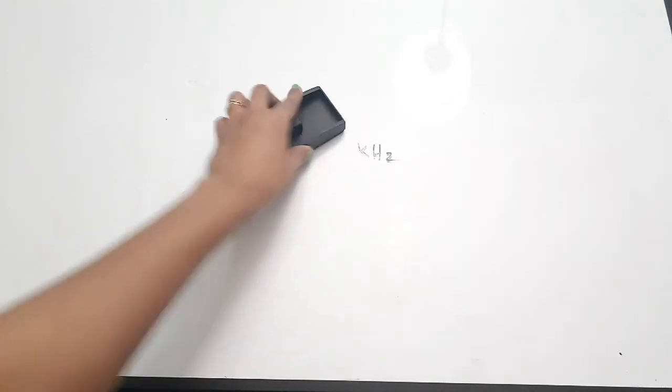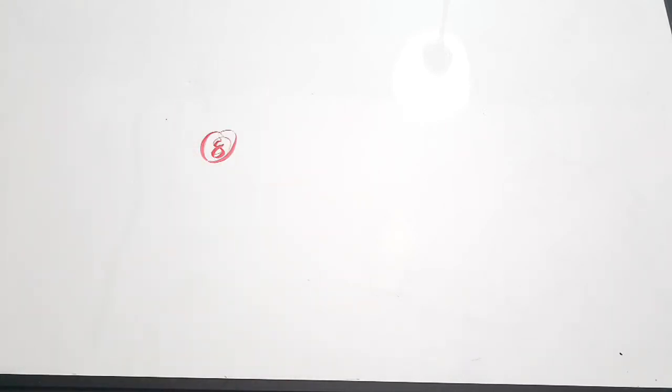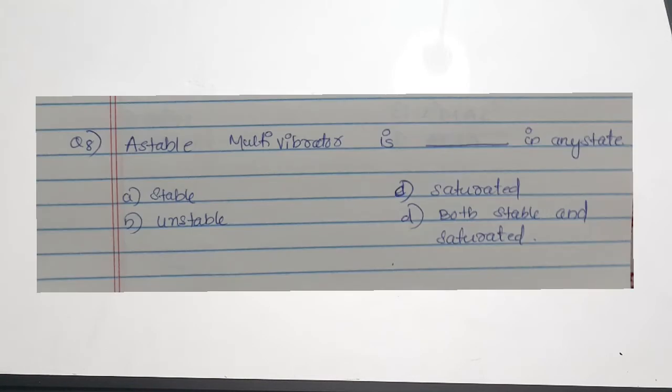The question is from multivibrators. We have done a very detailed and easy to understand video on multivibrators. Astable multivibrator is dash in any state. This question is asking the state of the multivibrator. A, stable.